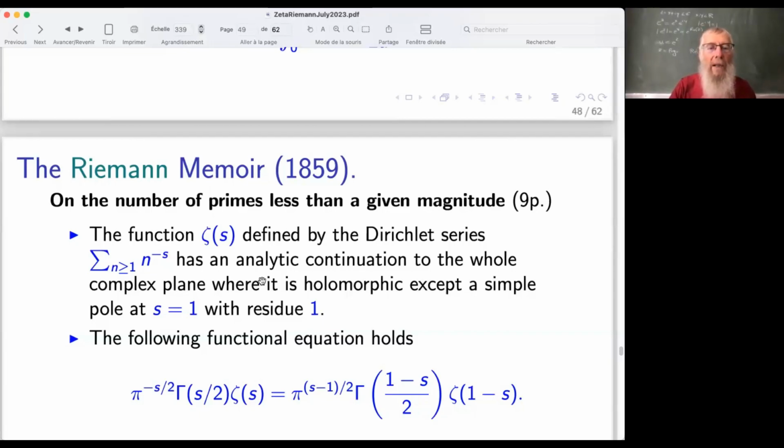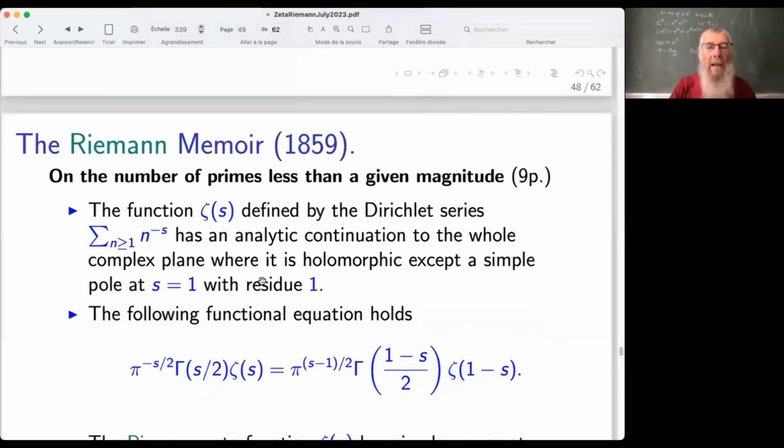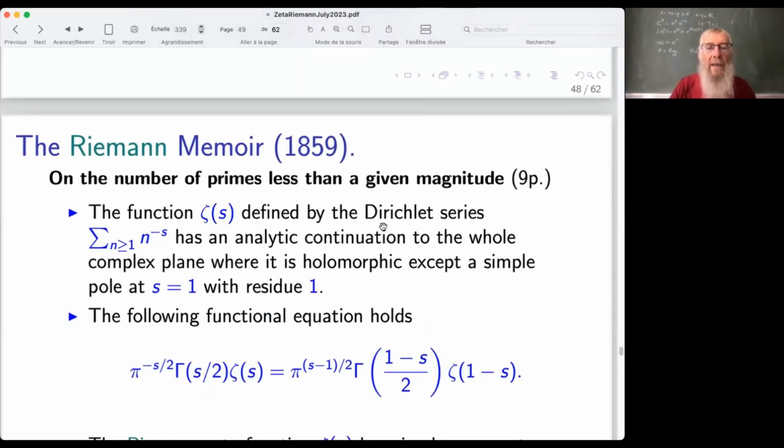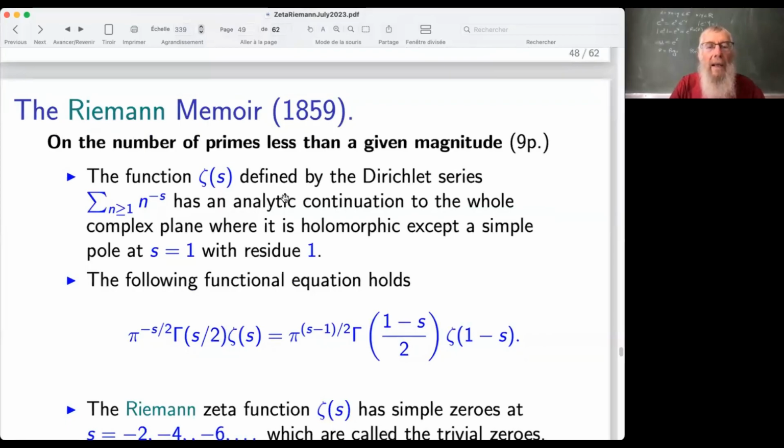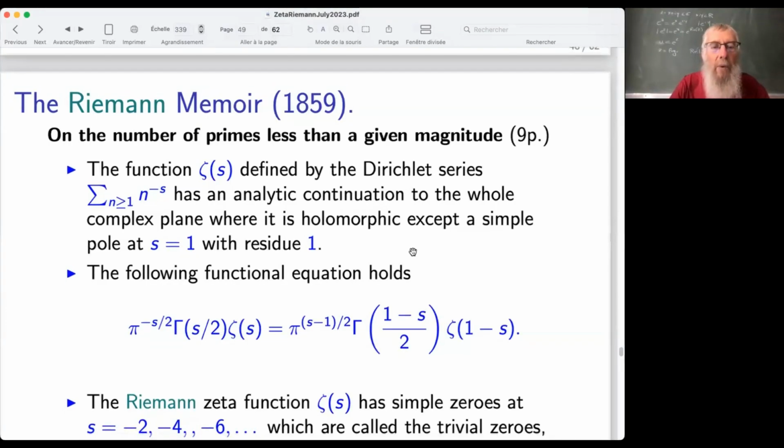In this memoir, Riemann considered the function zeta of s, which is defined by the series. He proved that there is an analytic continuation to the whole complex plane, even if he does not use the word analytic continuation. And in the complex plane, this function is holomorphic, except a simple pole at s equal 1 with residue 1. So we have seen that, but this comes from the Riemann memoir.